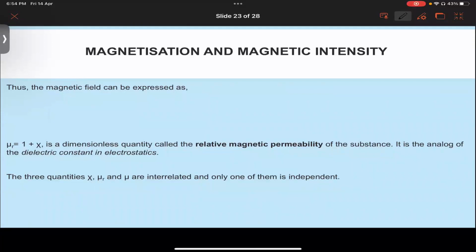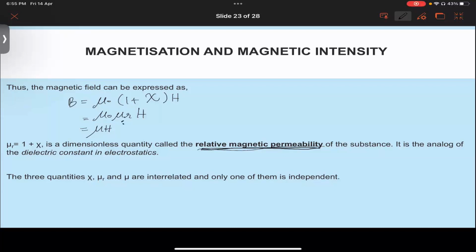Inherently, after introducing this term chi, we can write the magnetic field as mu 0 (1 plus chi) H, and if we simplify it more, it can be mu r mu 0 H, which is equal to mu H. So what is mu r? Mu r is the relative magnetic permeability.